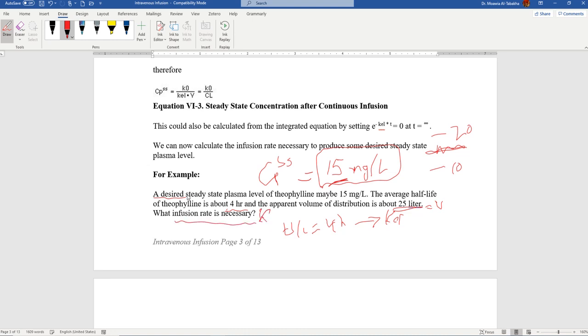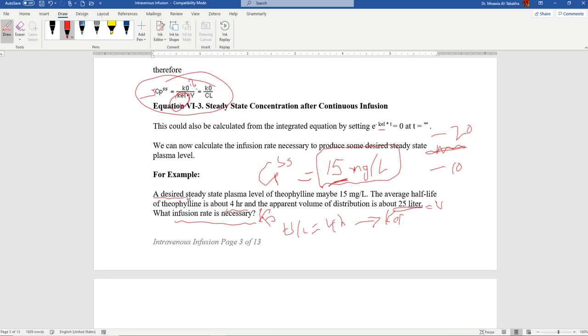So what is the infusion rate necessary? It means we want K0. Here the 15 is given, K0 is required, it's not given.